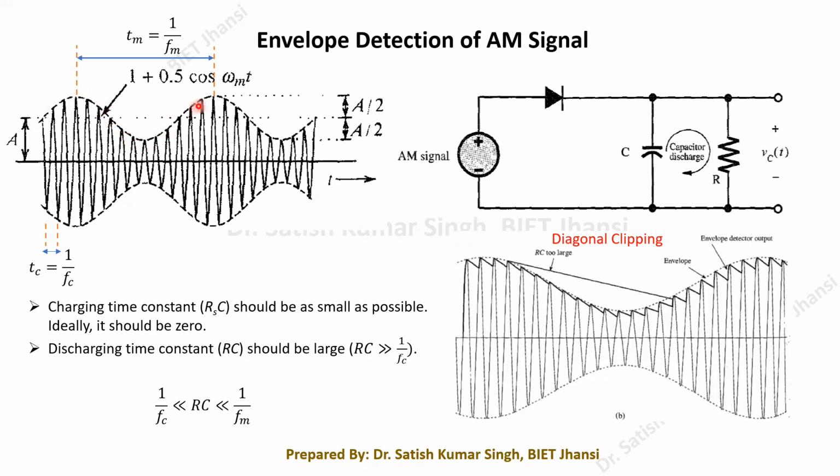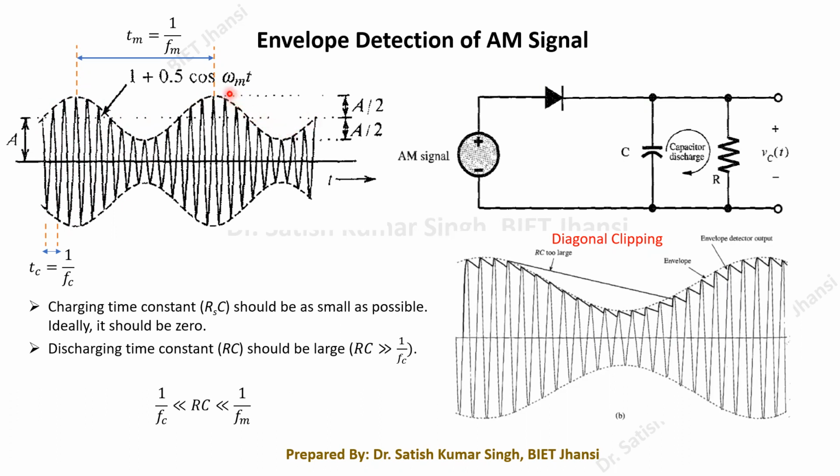We have already seen it. After modulating our sinusoidal carrier, it takes this particular form. It changes its amplitude based on the amplitude of the message signal, and the envelope of this carrier signal actually contains the message part.